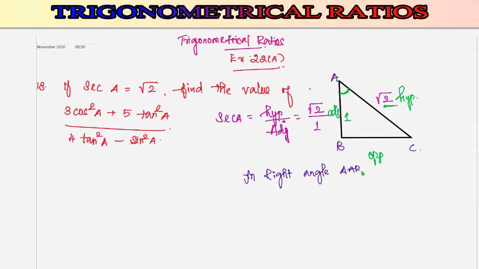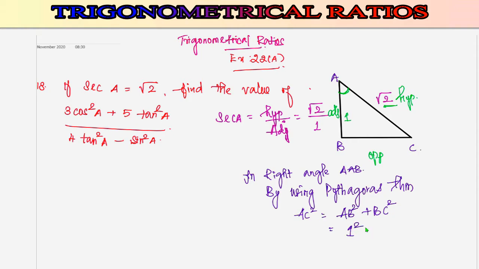In a right angle triangle ABC by using Pythagoras theorem, AC square is equal to AB square plus BC square. So AB value is 1 square, BC is unknown value, but we know AC value is root 2 whole square.